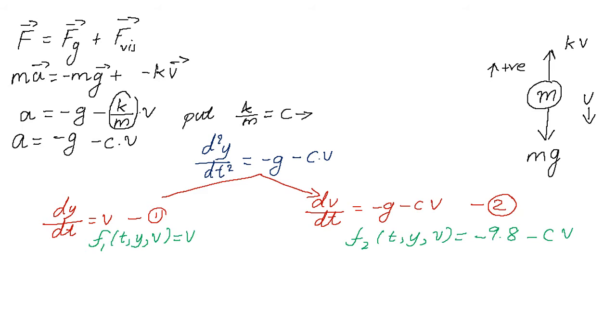Now we can solve equation 1 and we will get the new value of y as y equals previous value of y plus h into f1 of t comma y comma v. Solving the second equation, we will get the new value of velocity v equals previous value of velocity plus h, the time step, into f2 of t comma y comma v.